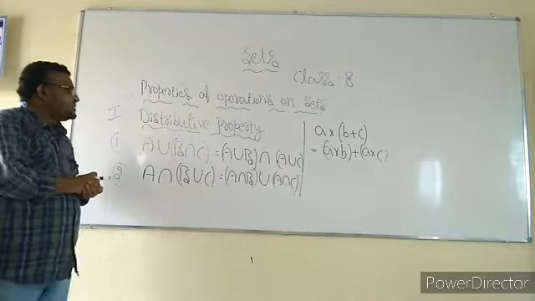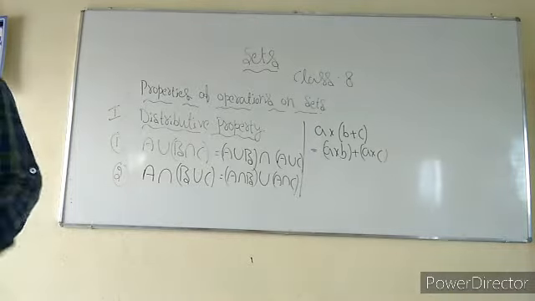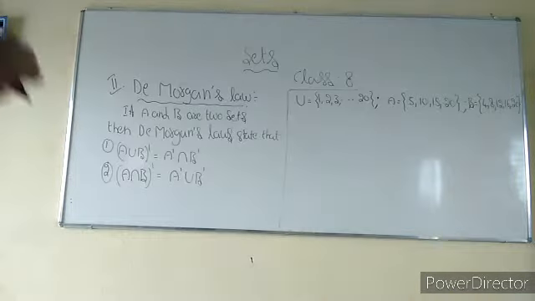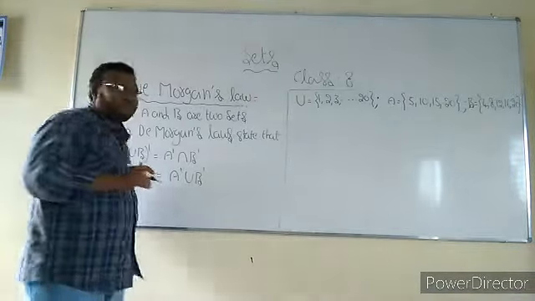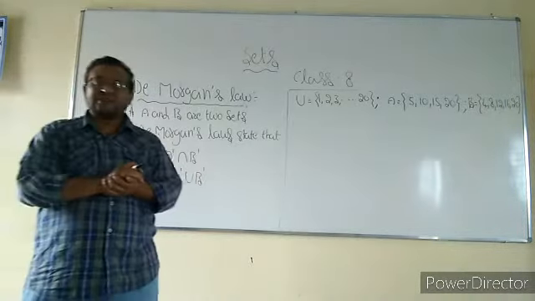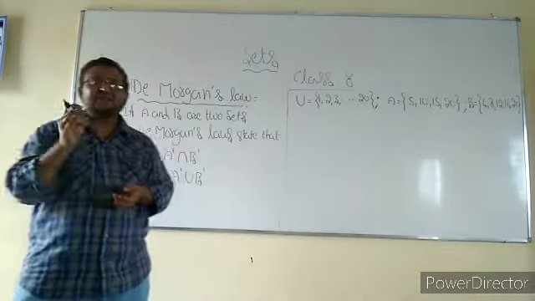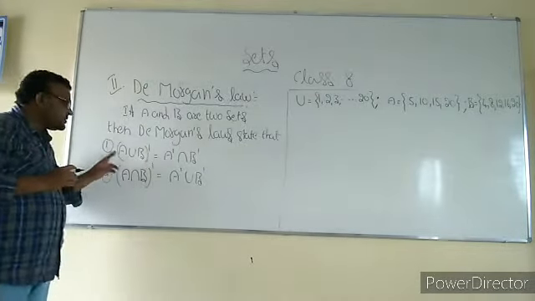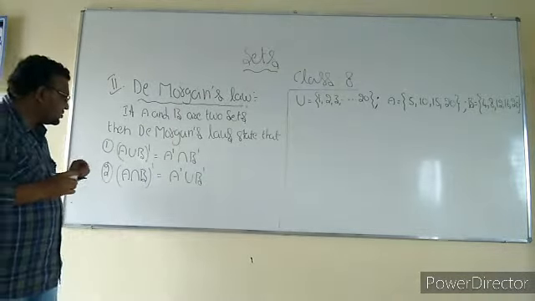Next, De Morgan's laws. De Morgan gave these laws for sets, that's why we call them De Morgan's laws. Under De Morgan's law, there are two statements.